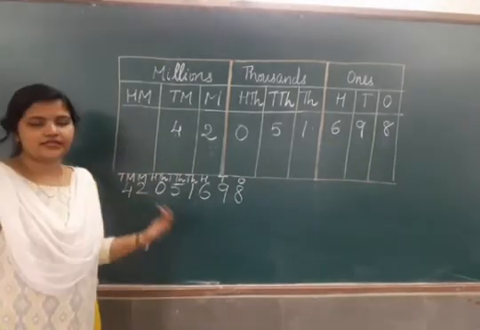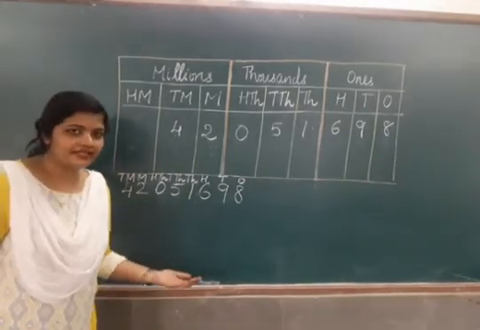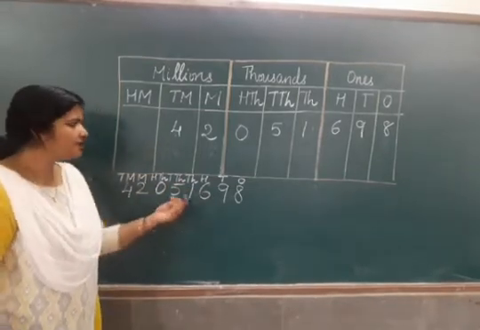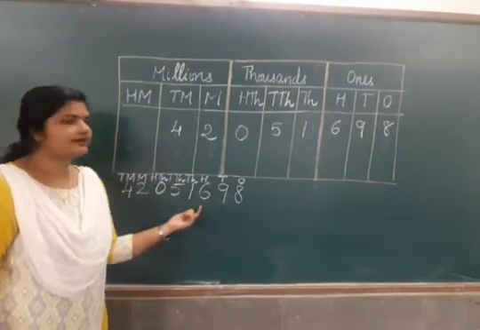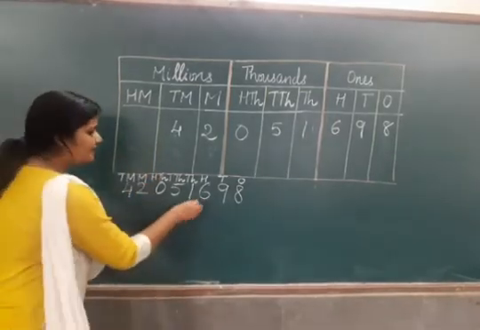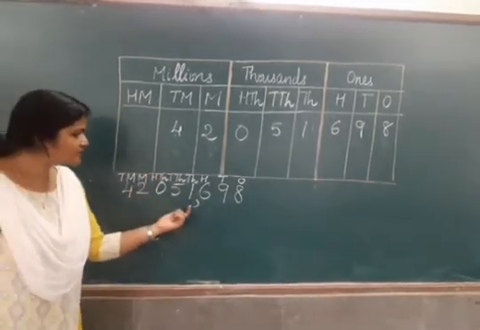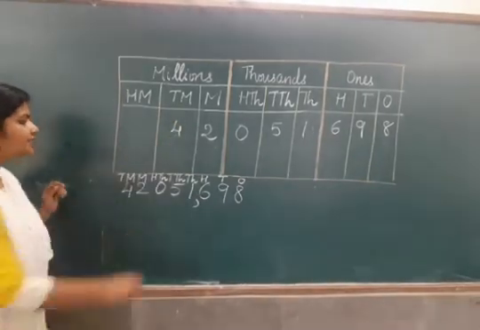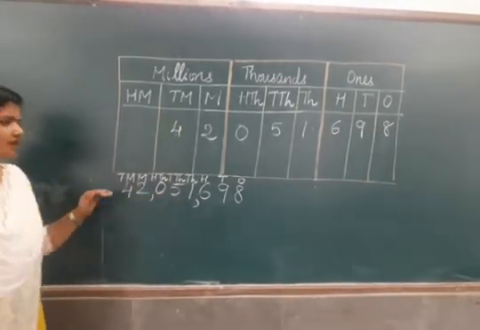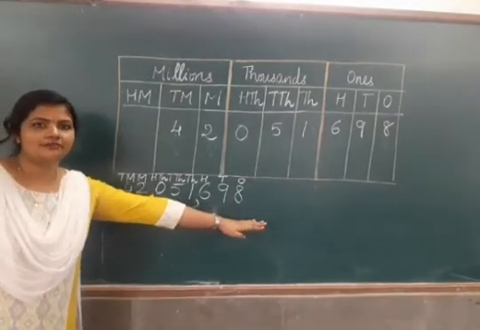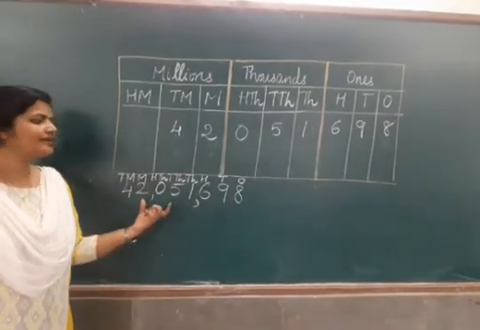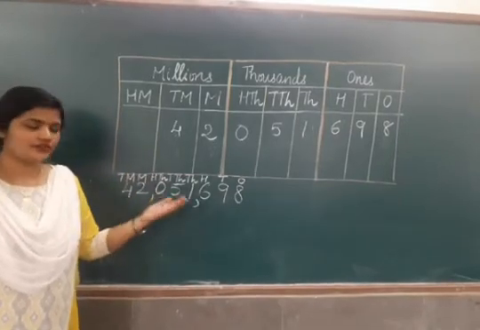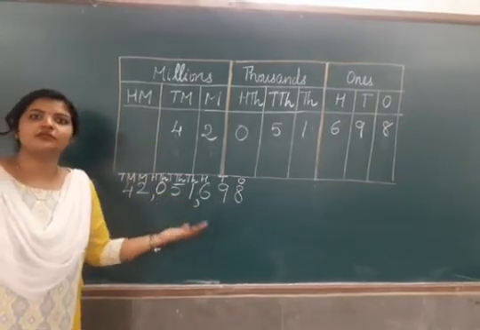As commas are used to separate the periods, you have to group the digits according to the periods. First, ones, tens and hundreds are in the ones period, so separate that. Then we have 1,000s, 10,000s and 100,000s in the thousands period. Separate that with a comma. This is how you write this number using commas. Now let's see how we can write the number in words.